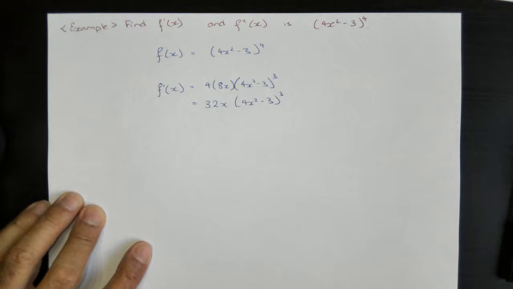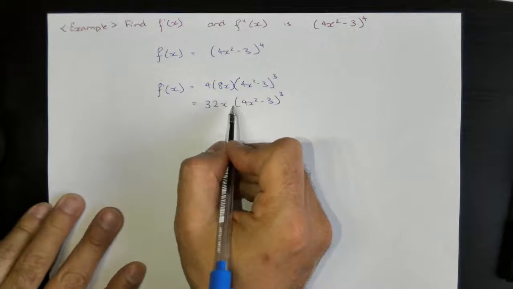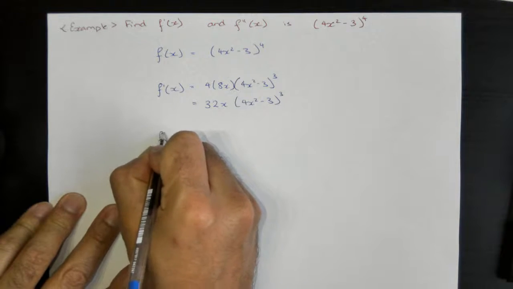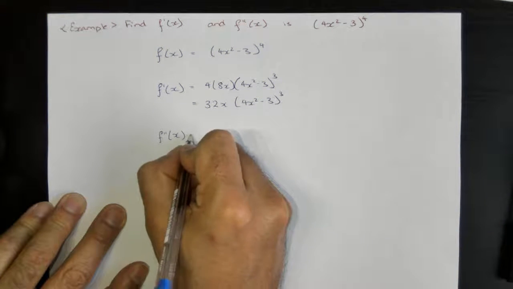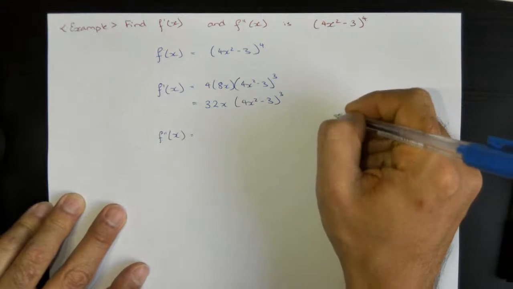Okay. And now I want to differentiate that again. So what's going to happen is I actually now have a product and chain rule. All right, so maybe I'll just use this space.